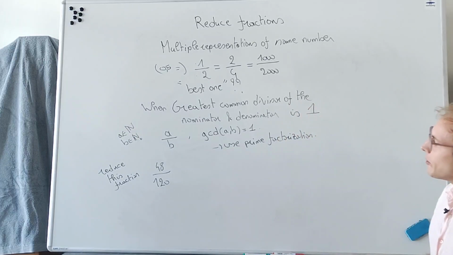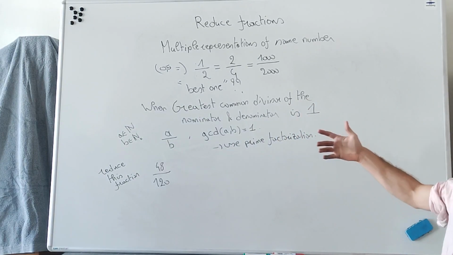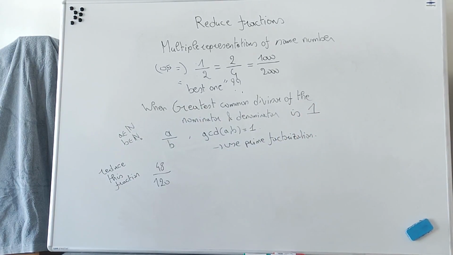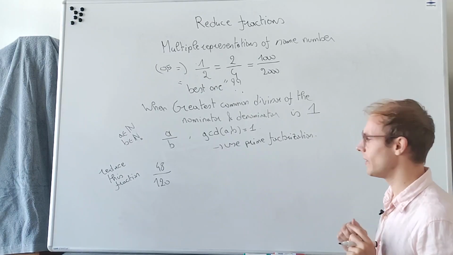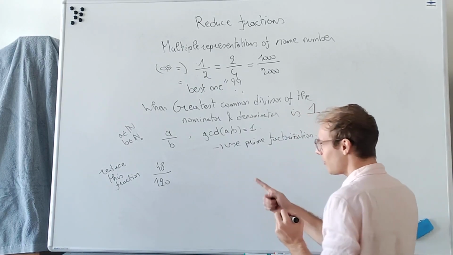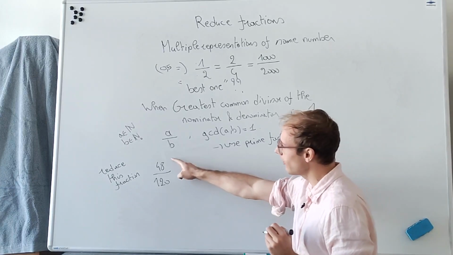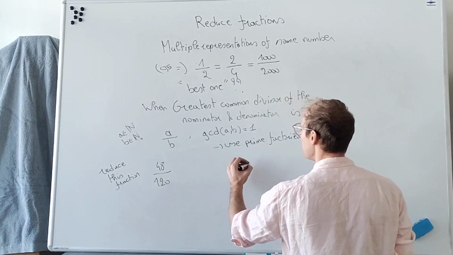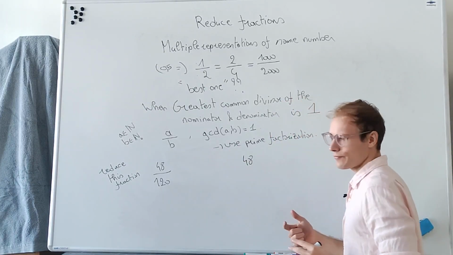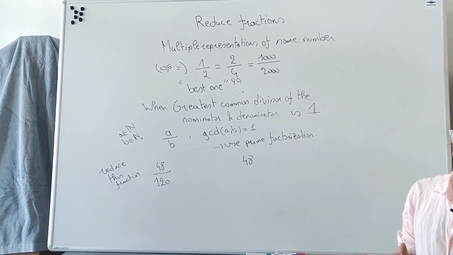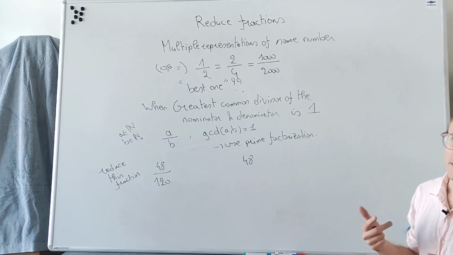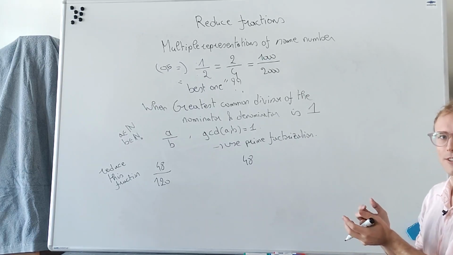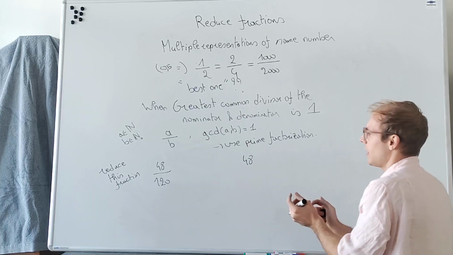You can keep on reducing as long as the greatest common divisor of the numerator and the denominator is not 1. We're going to see why. First, we're going to calculate this greatest common divisor. For that, we need to first factorize both the numerator and the denominator. We can use the same technique as in the last video, but sometimes numbers are rather easy to factorize, and we don't need that general technique.